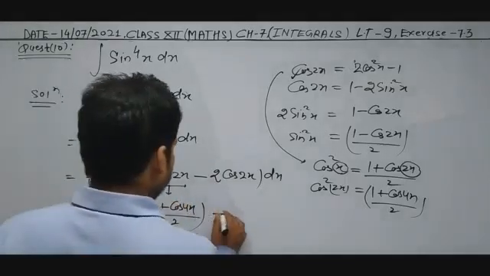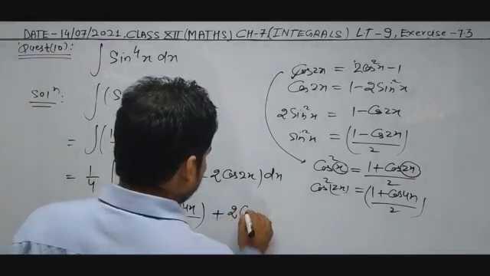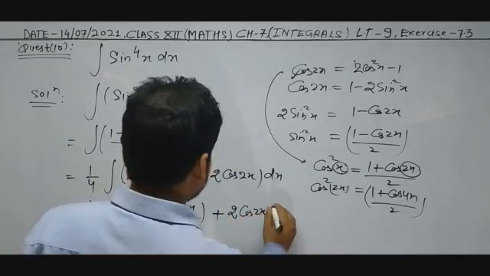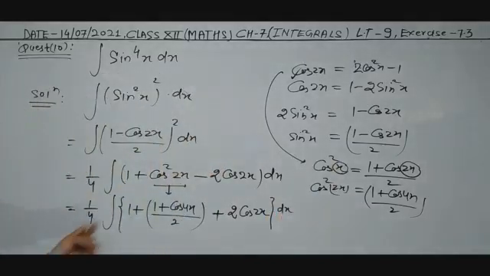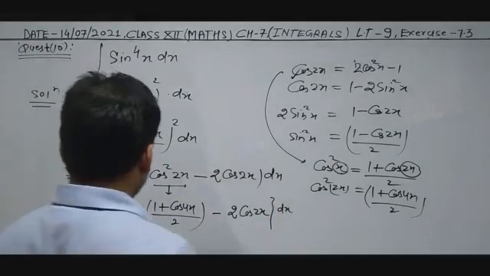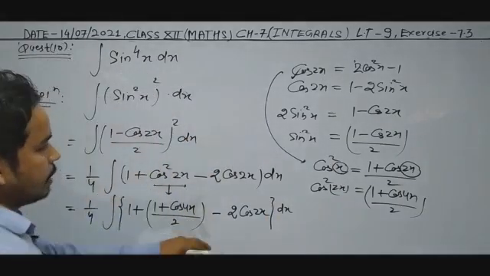So integration of 1 plus (cos 4x by 2), and again minus 2 times cos 2x, curly bracket close, dx. So these are the steps. Now come to the next steps. We have to integrate these steps, and this will be minus sign.